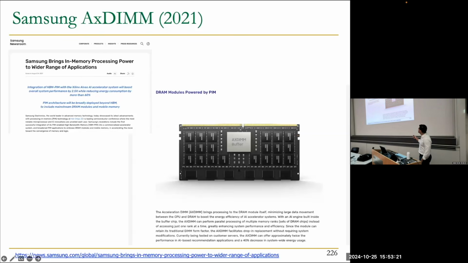What they have is the DIMM, and in LRDIMM you have this buffer here that is used, as I mentioned, for signal integrity for both data and command. So what they are going to do is embed some simple computation in this buffer inside the DIMM itself, so that they can do acceleration of recommendation systems.